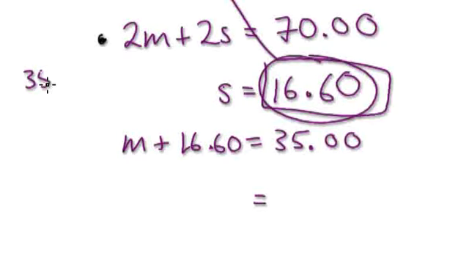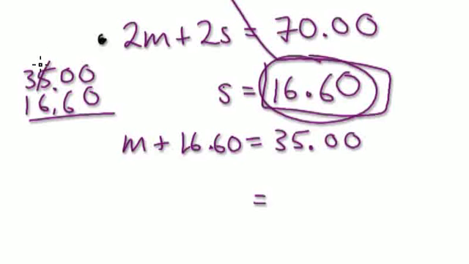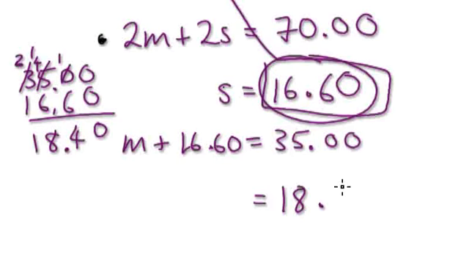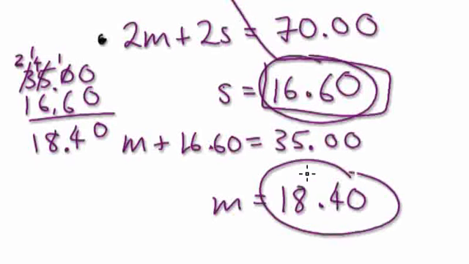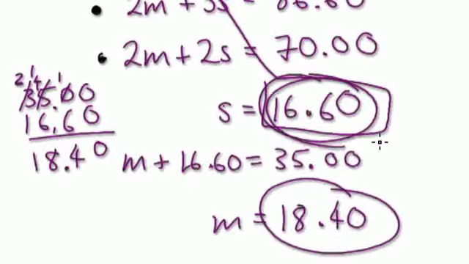So 35.00 take away 16.60. Borrowing here, this would be 0 here, 4 here, 8 here, and 1 here, which gives 18.40. So M here will be 18.40. So Max will have this amount, and Sam will have this amount.